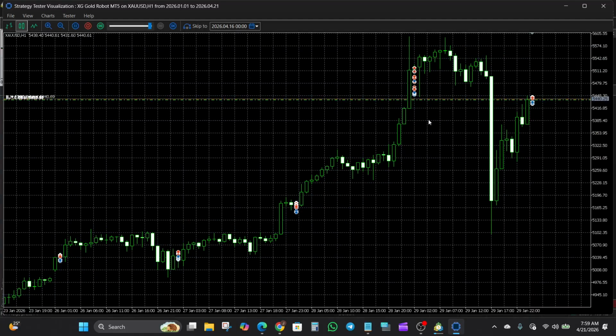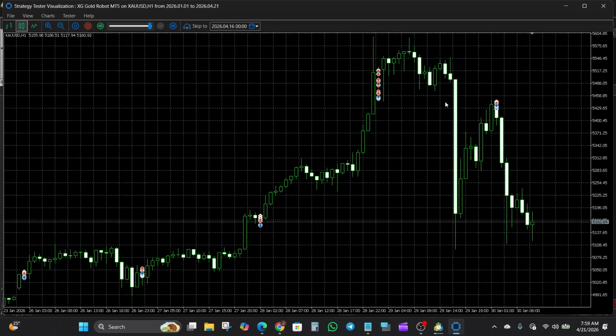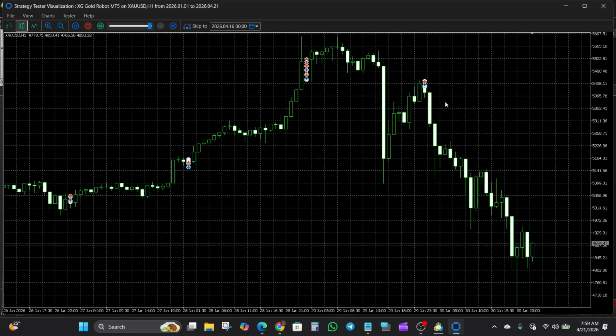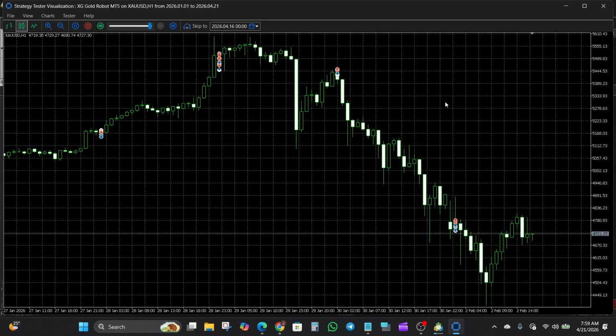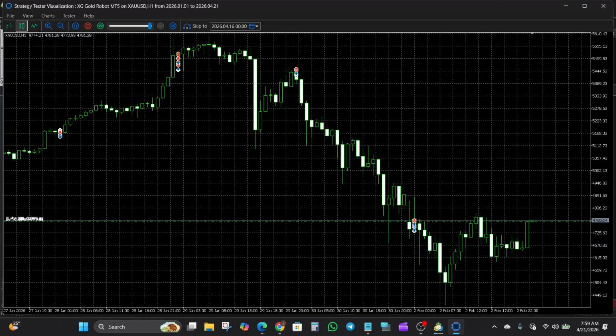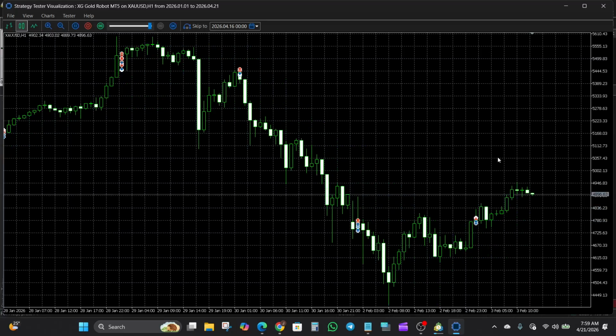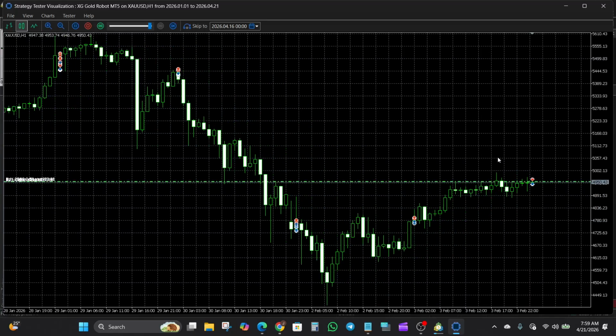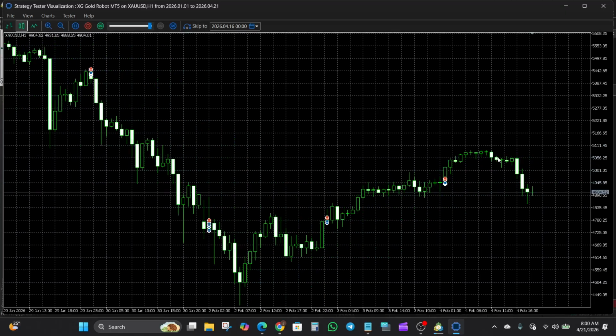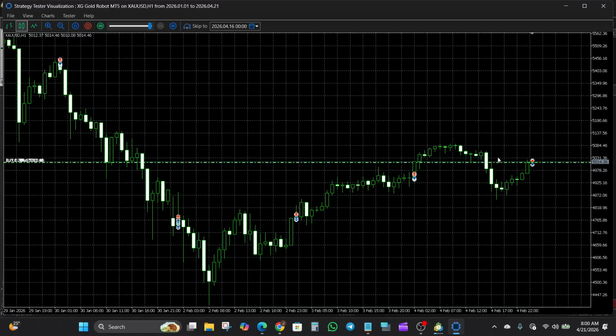So the stop loss makes it possible for trades to be quickly closed, whether the price is going in the direction of the trader or against the trader. So overall, the execution here is not just based on one signal, it is a confluence based system where multiple conditions must align before a trade is taken.